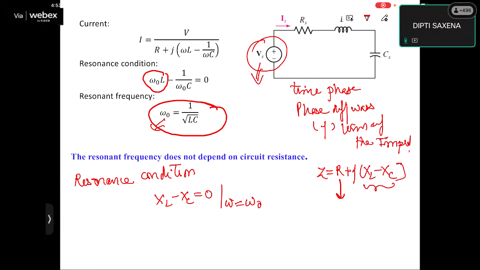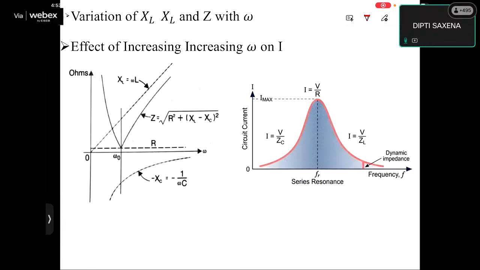Now this is the expression for the current: I is equal to V upon R plus j omega L minus 1 upon omega C. Now suppose I go on increasing the frequency omega of the source. How does the current change? If I change the frequency, what is Z?